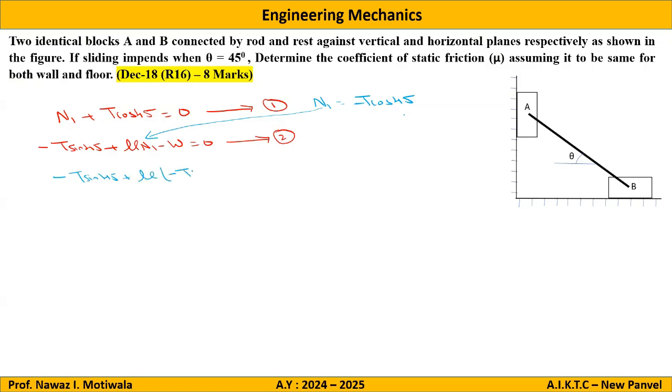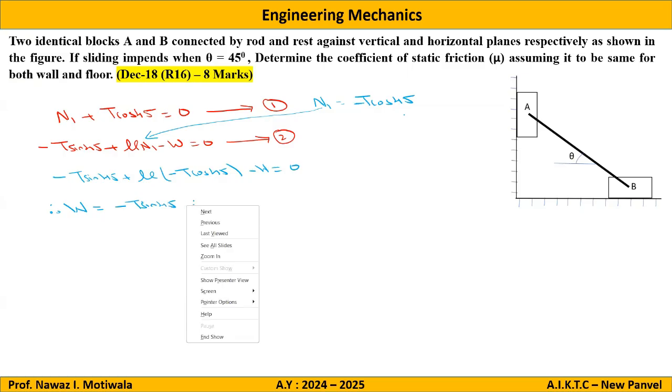In place of N1 I will write T cos 45, minus W is equal to 0. If I rearrange the terms, I will get W is equal to minus T sin 45 minus mu into T cos 45. Let this be equation number 5.